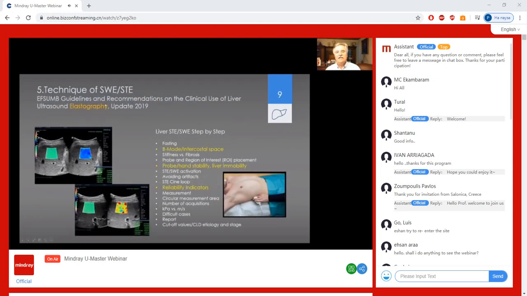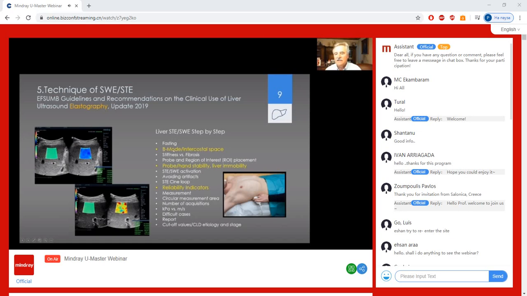There are guidelines and recommendations from many medical societies, starting from the European Federation of Societies of Ultrasound. I'm going to emphasize only three.